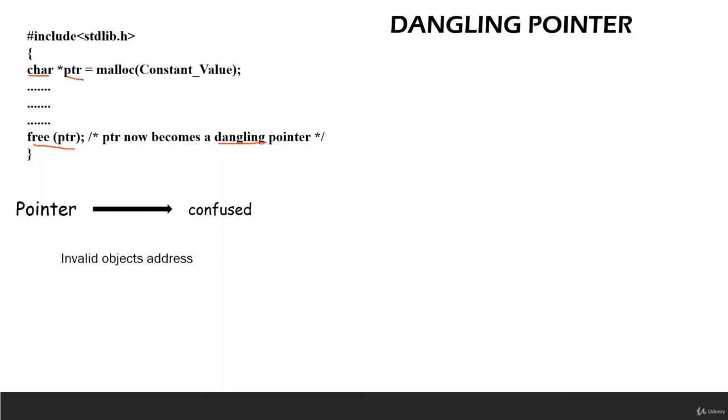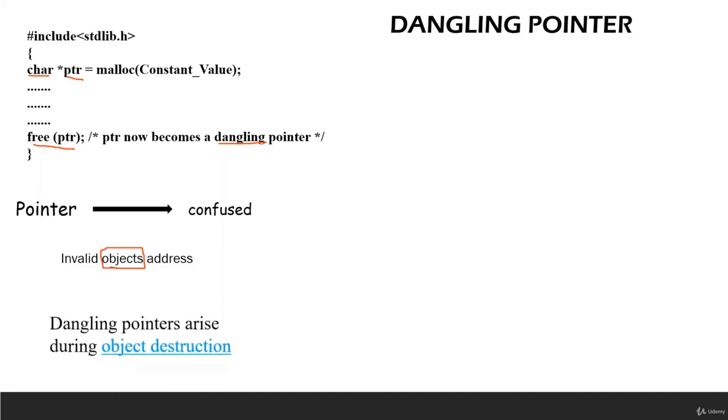What does invalid object address mean? The objects which aren't in existence, meaning they have no memory. They are already deallocated. They do not have any memory, but still the pointer is pointing to those objects, and those objects are known as invalid object address.